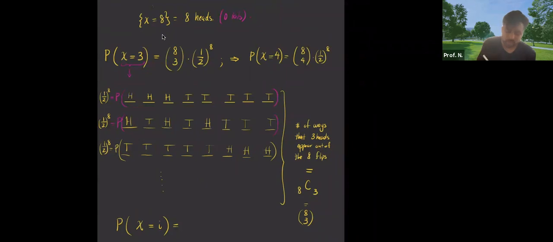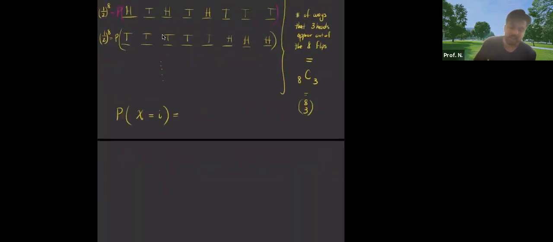What changes though is the number of heads that I want. If I want 3 heads, this is 8 choose 3. If I want 4 heads, this is 8 choose 4. If I want 5 heads, it becomes 8 choose 5. If I want I heads, kind of weird to say, it would be 8 choose I times 1/2 to the 8th power.